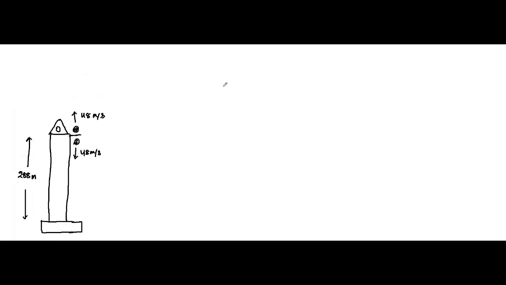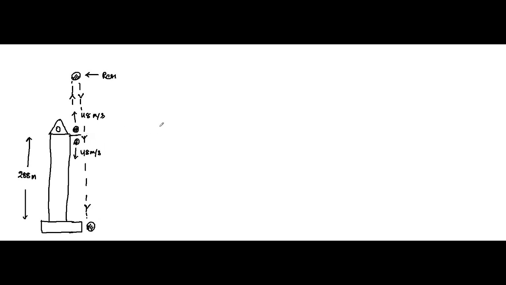Now this stone will first travel upwards, it will go to a certain height, from there it will come to rest and then it will start its downward journey like this, and finally it will reach the ground.